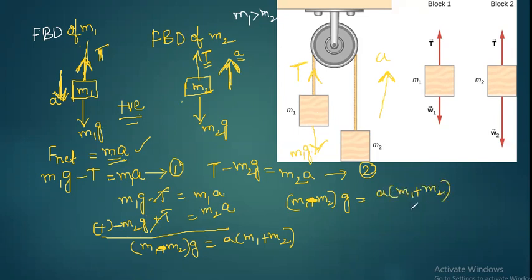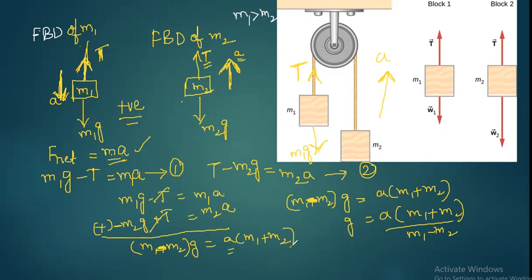This is our equation. Now G is equal to A into M1 plus M2 by M1 minus M2. Okay, I calculated G. No need of calculating this one. And now we are going to calculate acceleration.